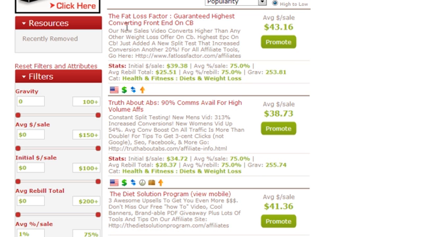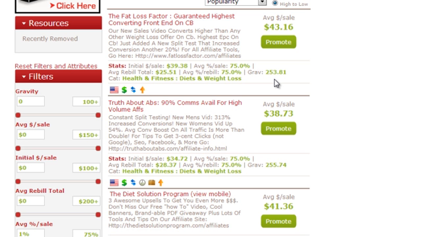So I'm in here now, and what I like to do is look at the gravity score, which is here, of the different products. Gravity is just an indication of how many affiliates have made at least one sale. This product has a gravity of 253, so roughly 253 affiliates have made at least one sale.